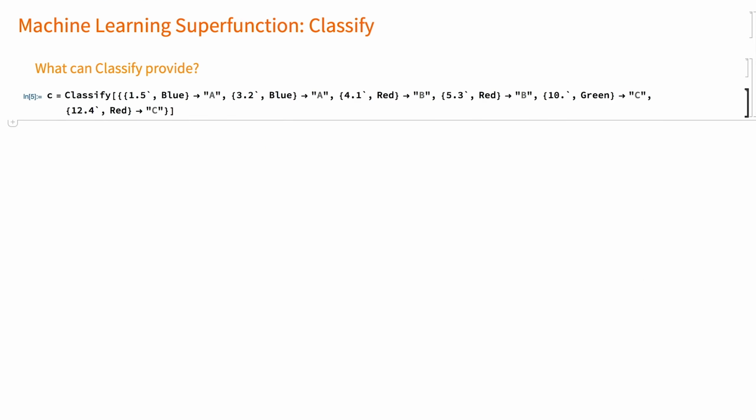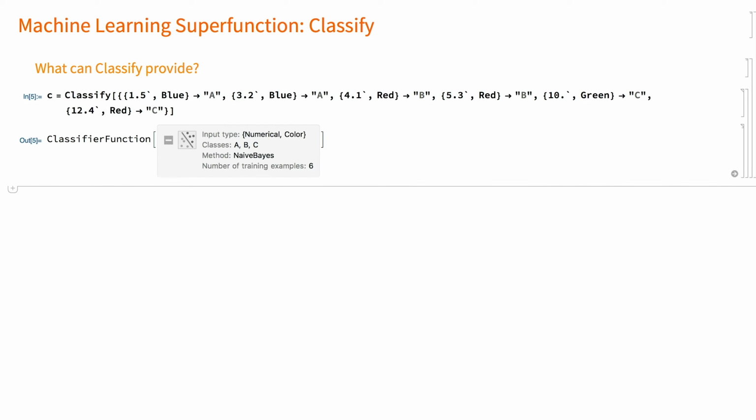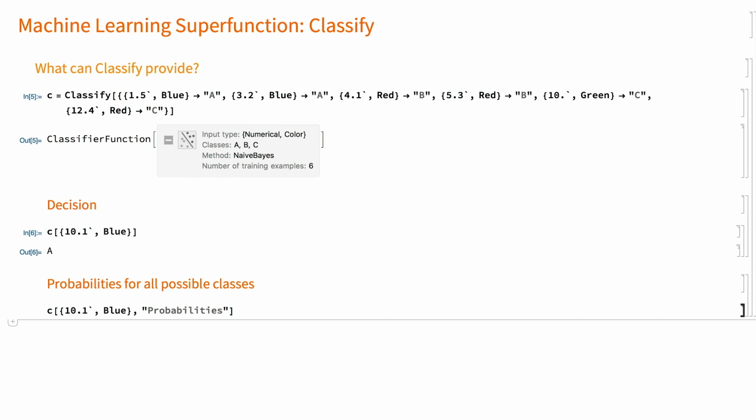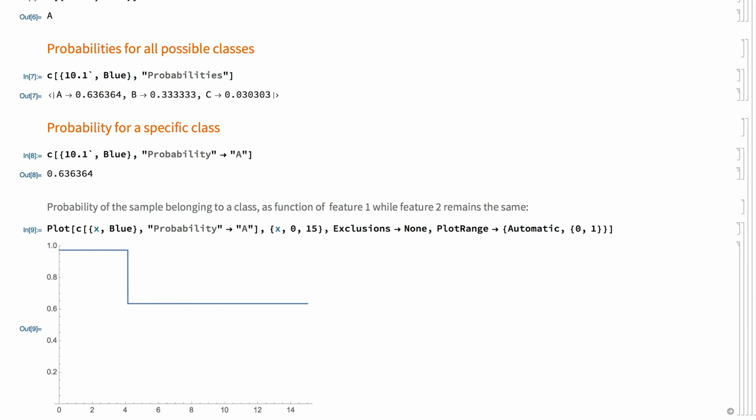The labeled training examples are used to learn a classifier function that can be used to classify and label new samples. It can also be used to find the probability that the sample belongs to a certain class. Here we see how the probability of the sample belonging to class A changes as the value of the numeric feature changes.